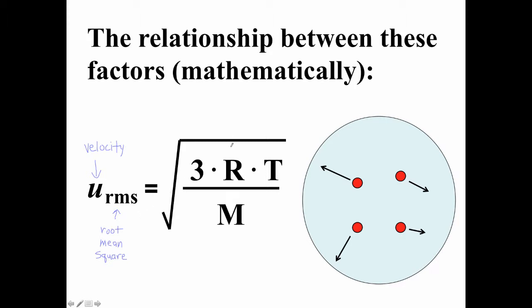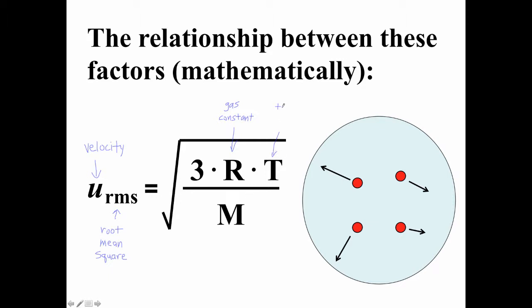In this equation, R, of course, is the gas constant. And as we'll see, we'll do it in somewhat different units than we have before to make agreement between the units.